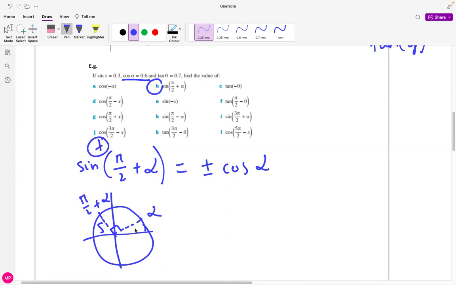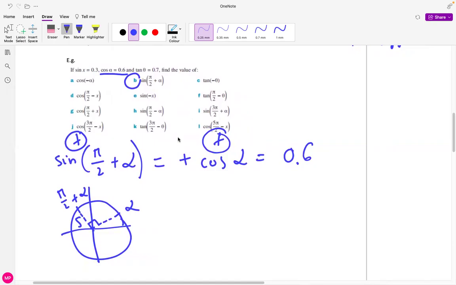Cos alpha in this quadrant is also positive. So of course they're both positive, so we don't have to have the negative there. And then we just simplify that. So cos of alpha will be 0.6.